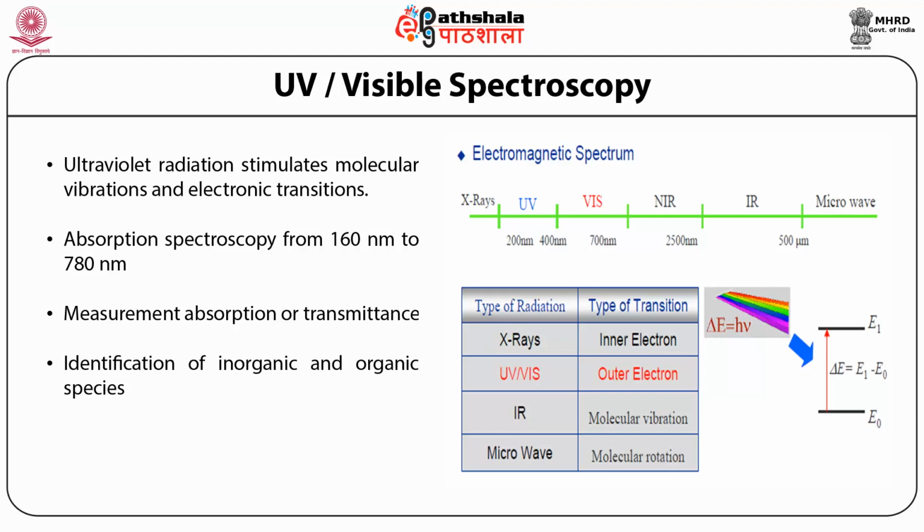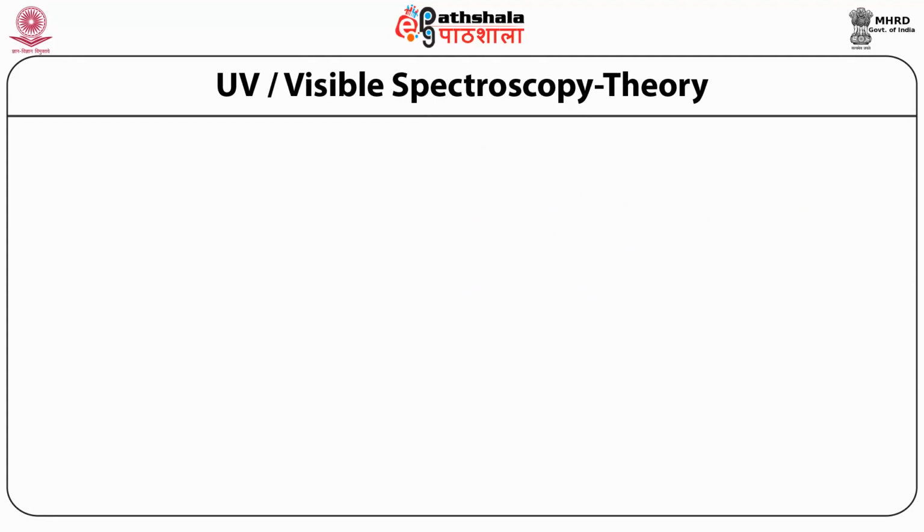While the accepted model of atomic and molecular structure has arisen from the wave mechanical treatment of Schrödinger, it is convenient to employ an earlier method, that of Bohr, in order to explain more simply the electronic phenomena of interest in spectroscopy. The theory of UV visible spectroscopy.